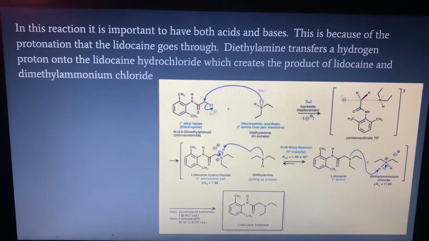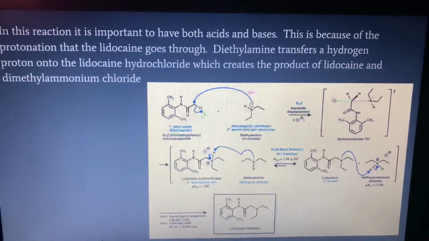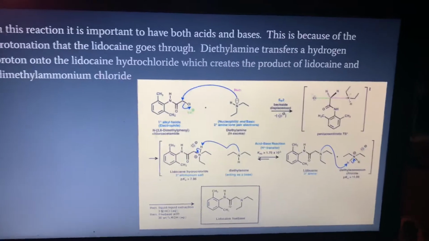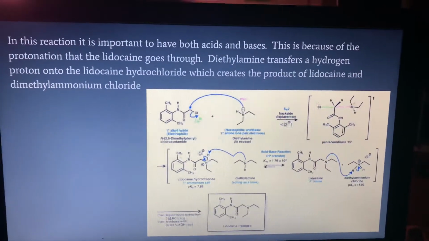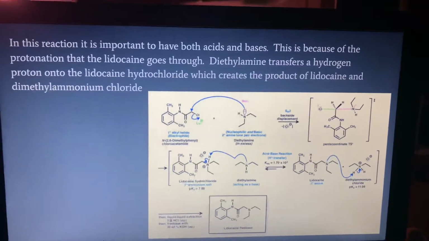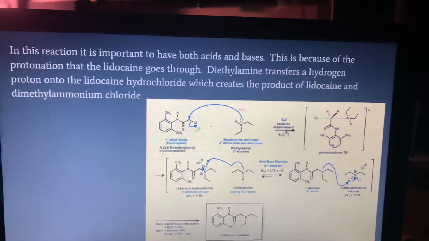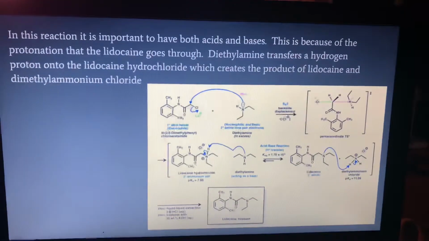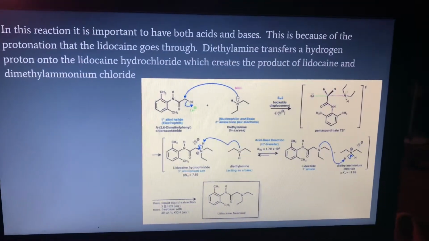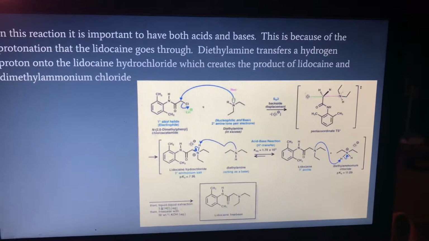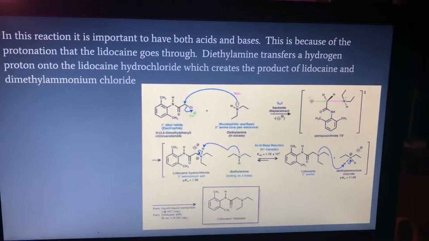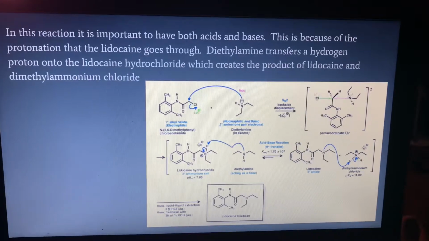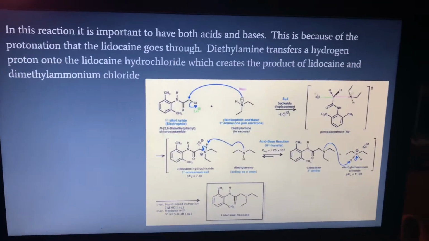In this reaction, it's important to have both acids and bases. This is because of the protonation that lidocaine goes through. The diethylamine transfers a hydrogen proton onto the lidocaine hydrochloride, which creates the product of lidocaine dimethyl ammonium chloride, which is again water soluble.